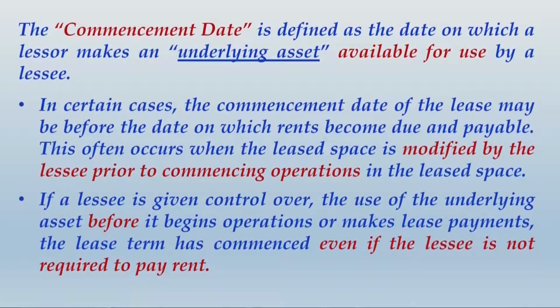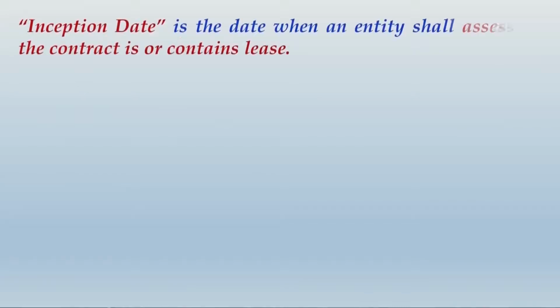Alright friends, you would have finished writing even this part. Let us now move ahead and write something more about inception date and commencement date. Inception date is the date when an entity shall assess if the contract is or contains a lease.